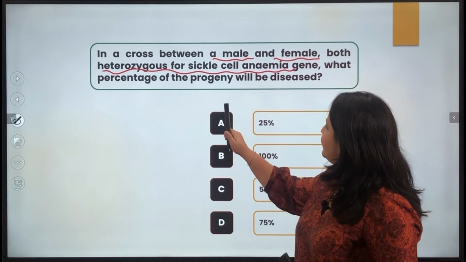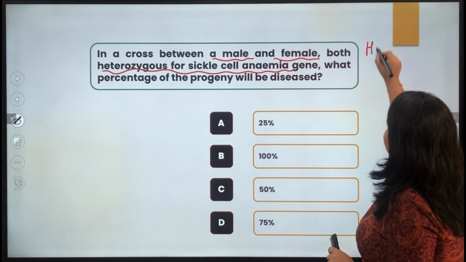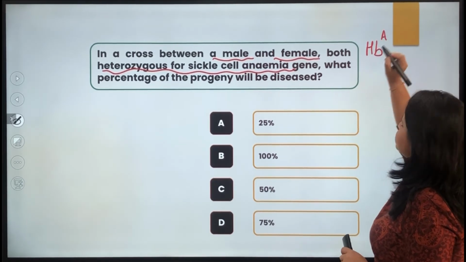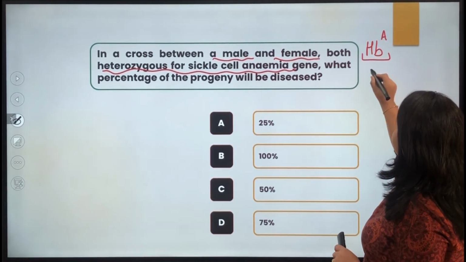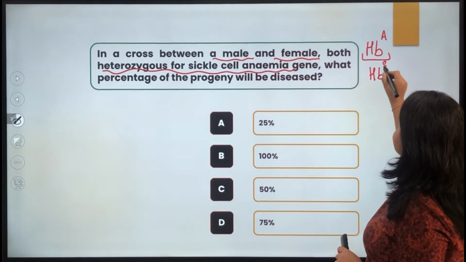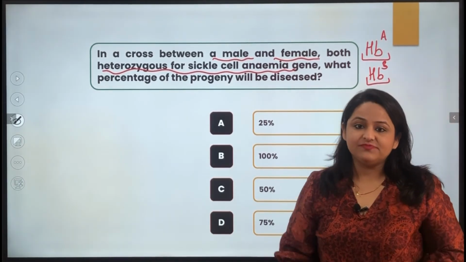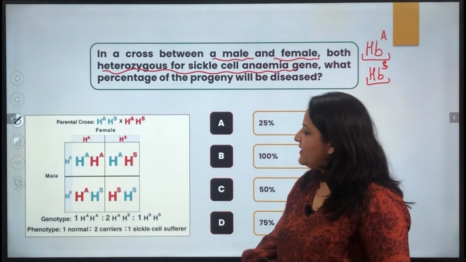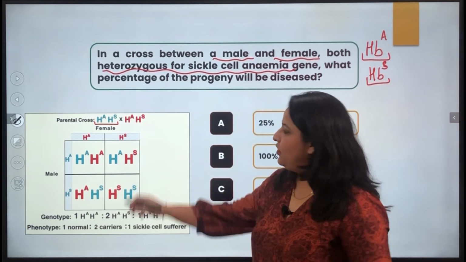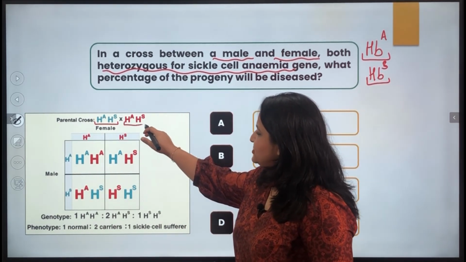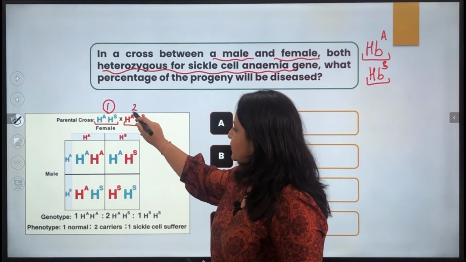Now if we express it, the normal allele for sickle cell anemia is represented as A, whereas the diseased allele is represented as S. So we will show the heterozygous parents as HbA, HbS, and the other parent is HbA and HbS. So this is parent number 1 and this is parent number 2.